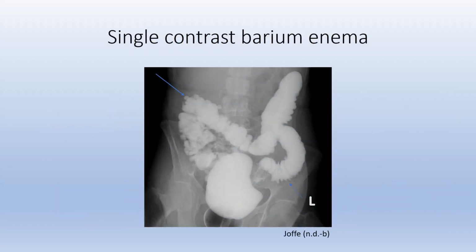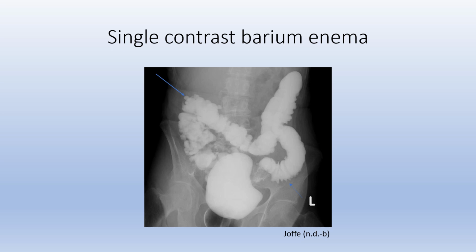This slide has a picture of evidence of diverticulitis with a fluoroscopy method using single contrast barium enema. This image is a RAO, a right anterior oblique, single contrast barium enema.